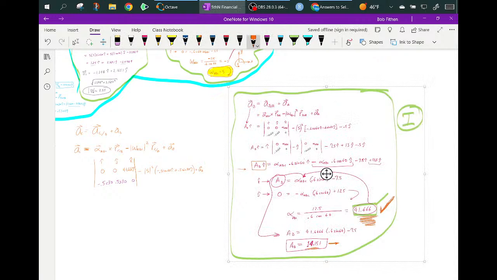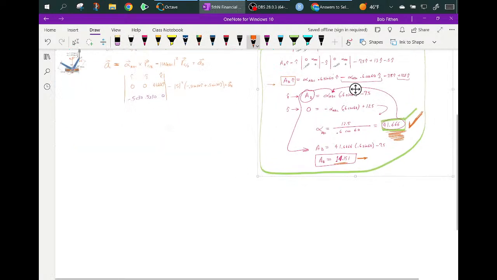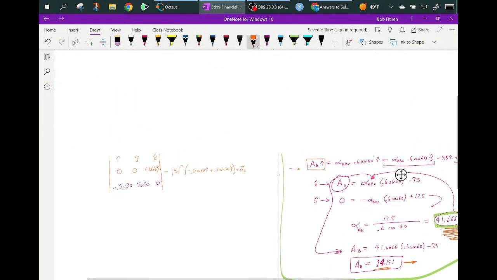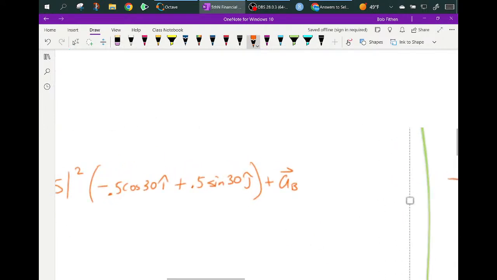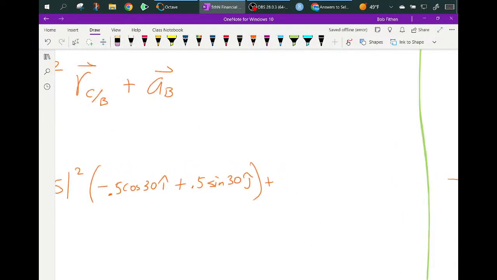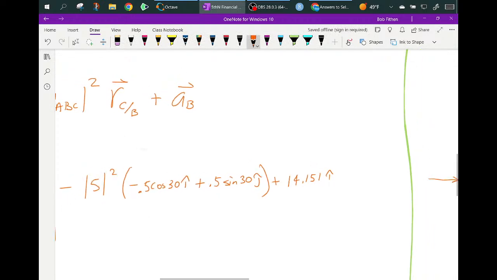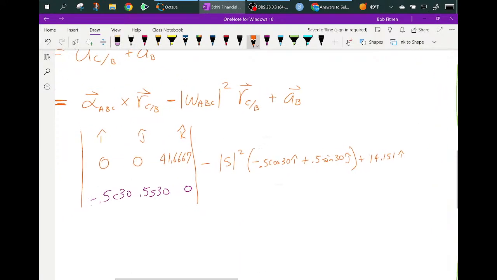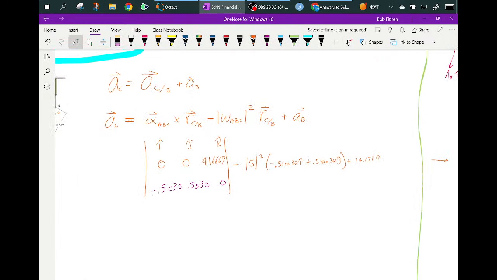Okay, 14.151. Okay. All right. Acceleration of C, just straight up. I don't know what it is.